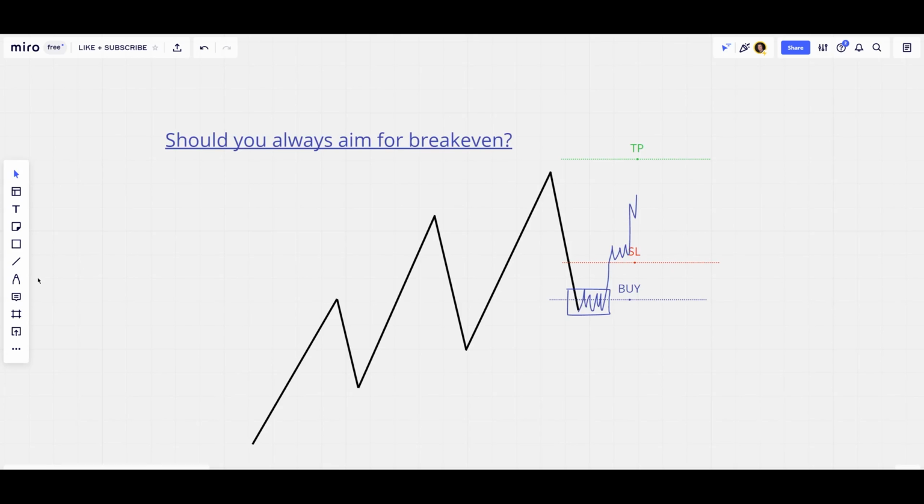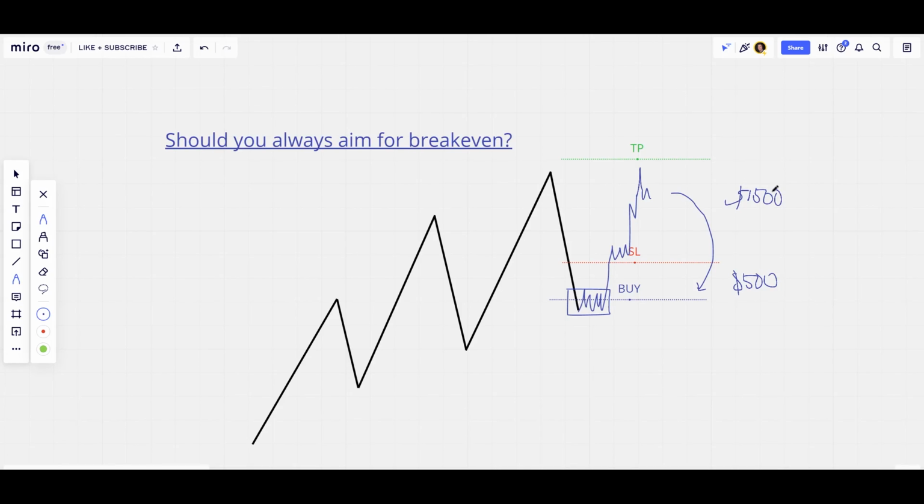Because let's say my trade does not reach my take profit point and it gets very close and then it starts to reverse, instead of simply waiting for all these profits to go away, in this case, let's say I was risking, I don't know, $500 and my take profit was $1,500.